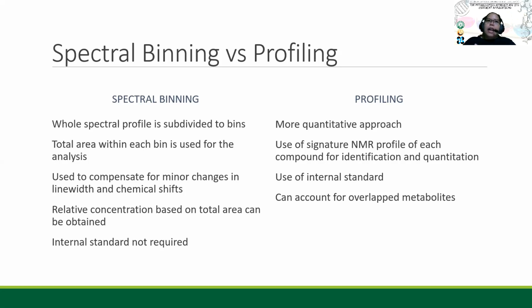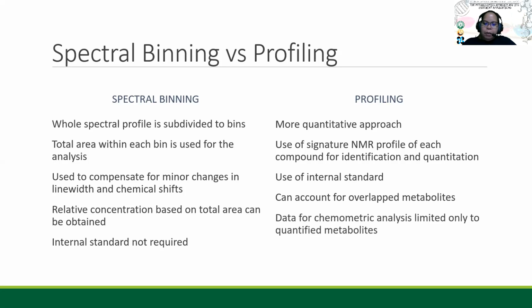And so it is very hard to distinguish which is which if you just rely on chemical shift information. This particular profiling, as I will show you later on, can actually account for this overlap and still allow you to do quantitation.